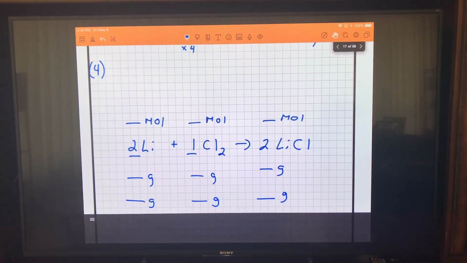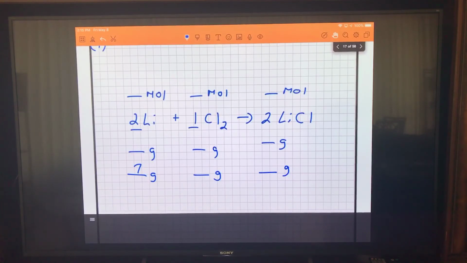I already figured out lithium is 7. 2 chlorines, Cl2, that is 35 times 2, which is 70. For this other one, I don't add 70 plus 7. It is not 77. There is 1 lithium, 1 chlorine. That is 7 plus 35, which is 42.